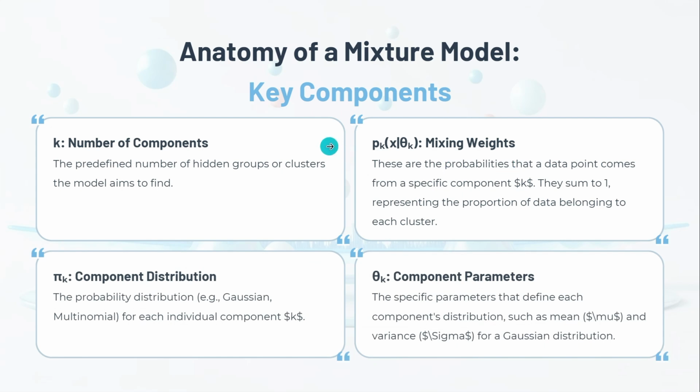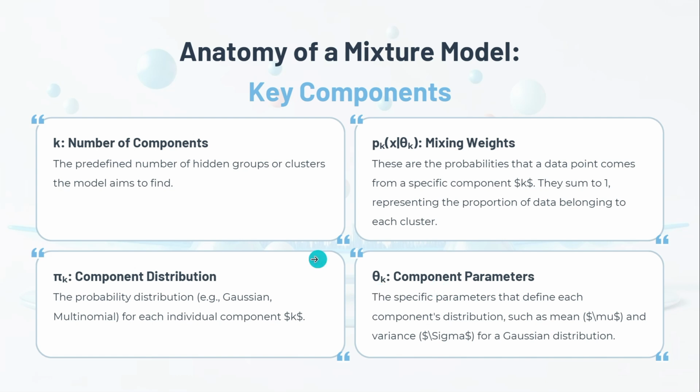Now we'll look at the anatomy of a mixture model. Here is what makes up a mixture model. K is the number of components, pi k is the mixing weights, p of x given theta k is the component distribution, and theta k is the component parameters.